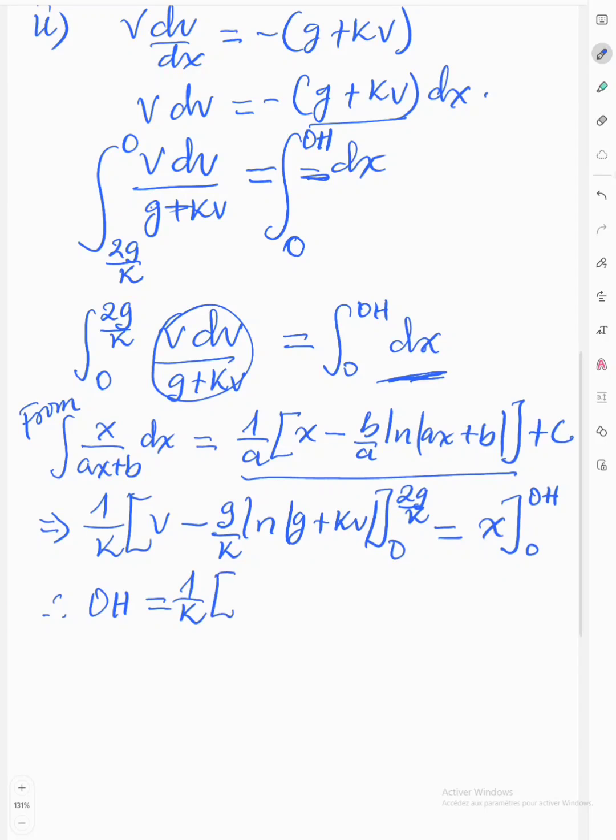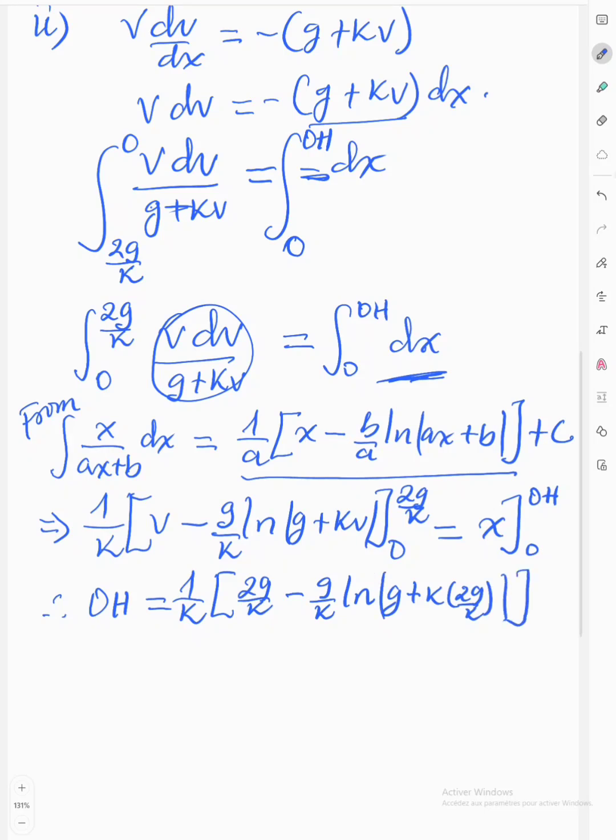v, and for v, we are substituting now the upper limit, which is 2g over k. So v is replaced by 2g all over k minus g all over k ln of g plus k into 2g over k.